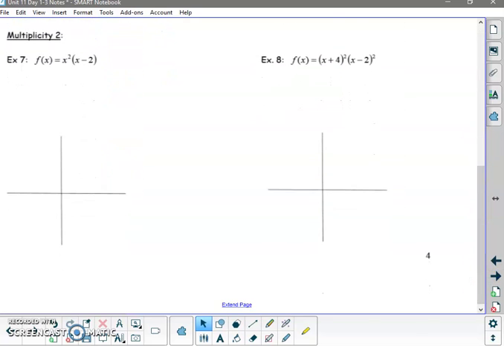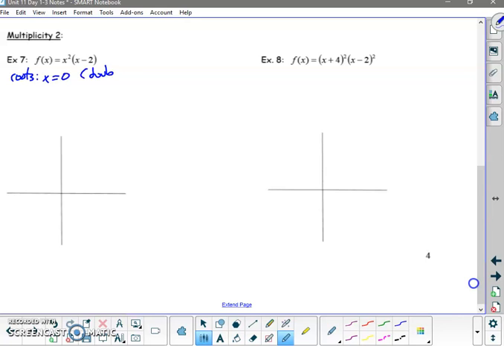Alright, multiplicity of 2. Again, there's no particular order in terms of finding this information. Roots here, pretty straightforward. X equals 0. That's what I like to call a double root. Usually you're going to see double and triple roots because it's x squared equals 0. So it occurs twice, and we have x equals positive 2.